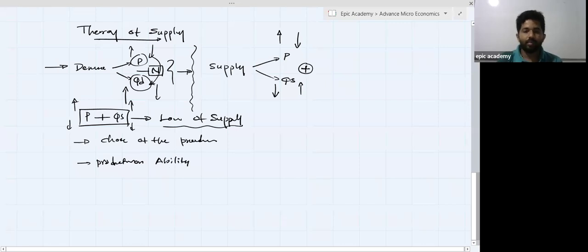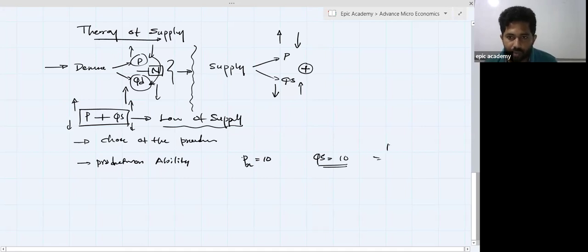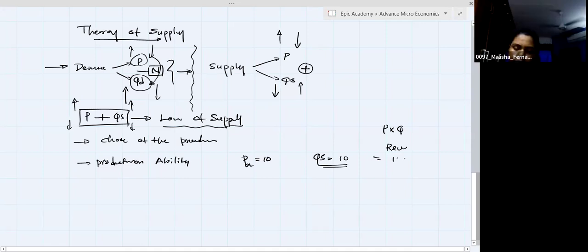So just consider the price of the X commodity is 10 rupees. You are going to produce or supply 10. So what will happen to your revenue? P multiplied by Q. It is 100.